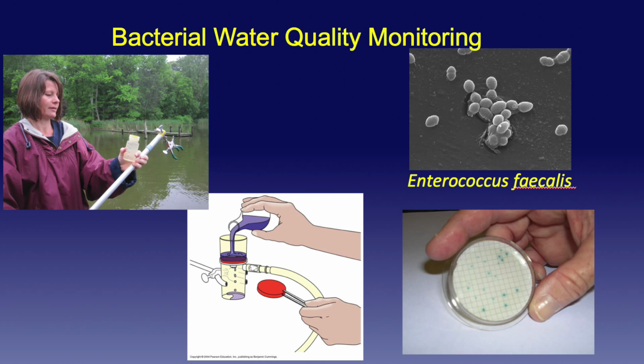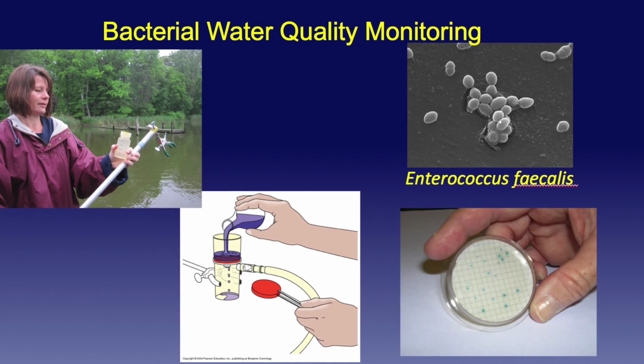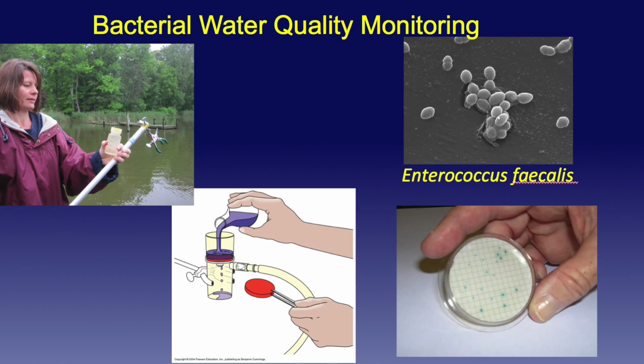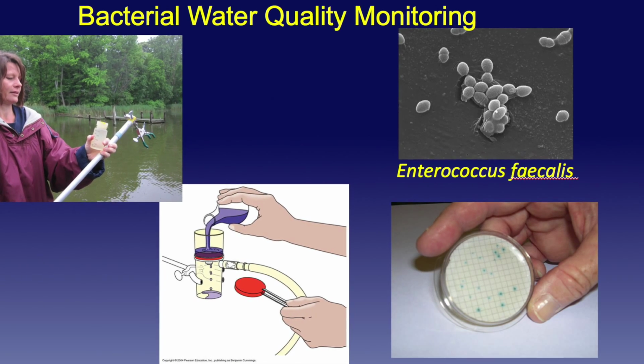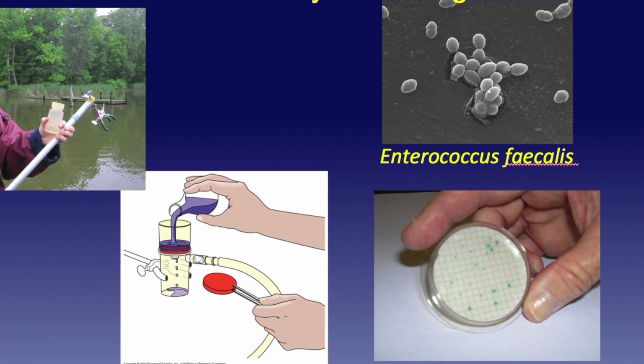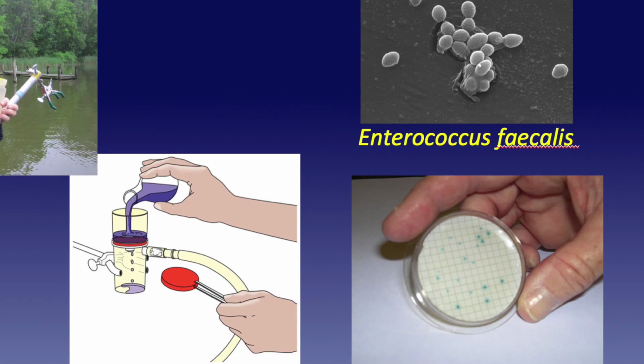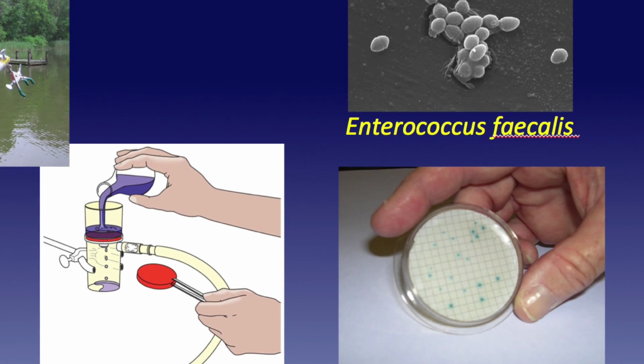Then we bring the samples into the lab at the Environmental Center here on campus. And we filter the water samples so that we have a filter in here that will trap the bacteria on the surface of the filter. And then we take that filter and we place it on media and we grow it for a day. So this is a little petri dish with some agar in it for media to grow the bacteria.